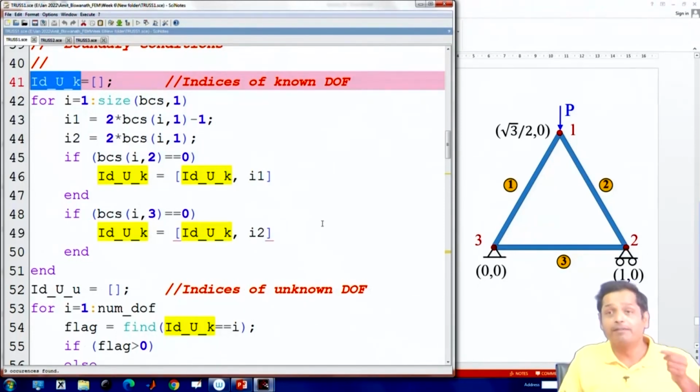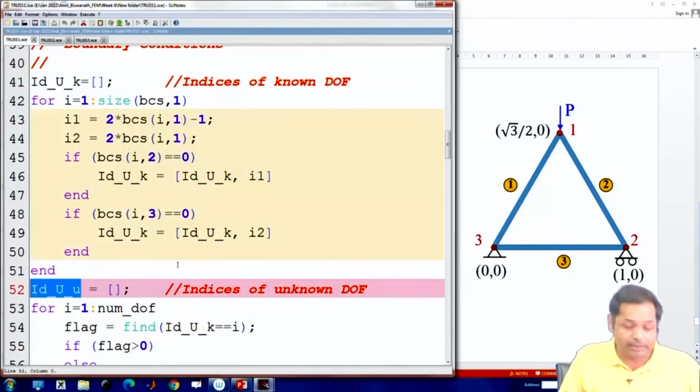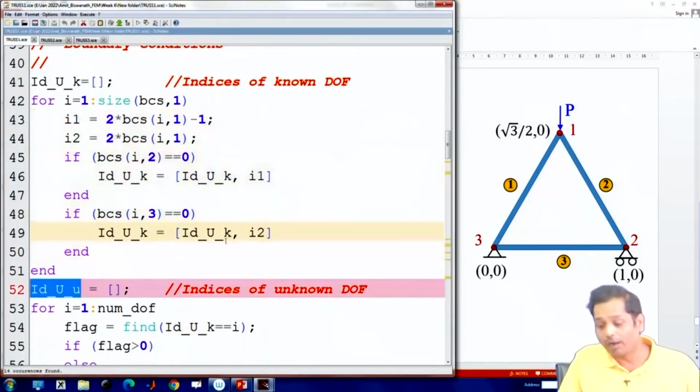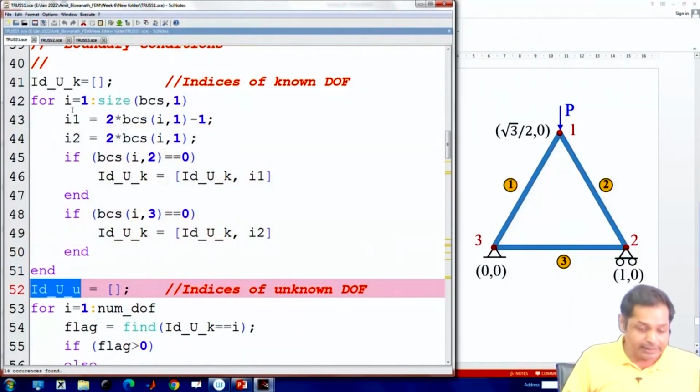So 3, 5, 6 are the indices of the known degrees of freedom, and IDUU are the indices of the unknown degrees of freedom. What are the unknown degrees of freedom? U1 unknown, U2 unknown, and U4 unknown. So IDU will be 1, 2, and 4.